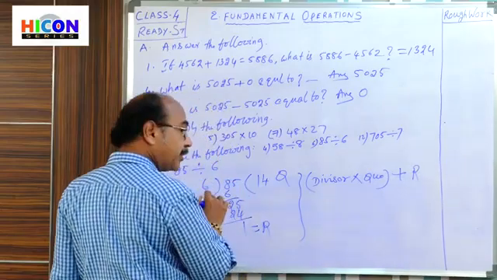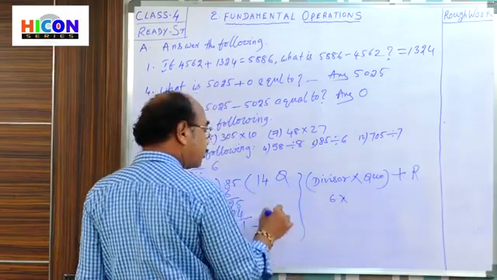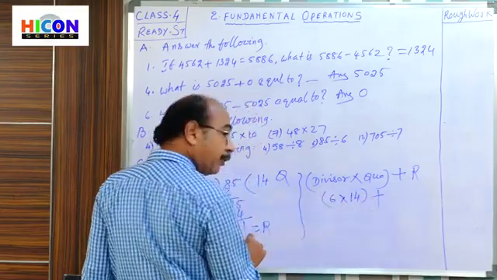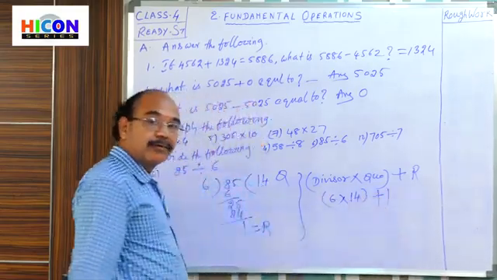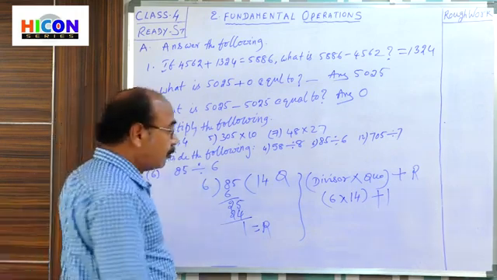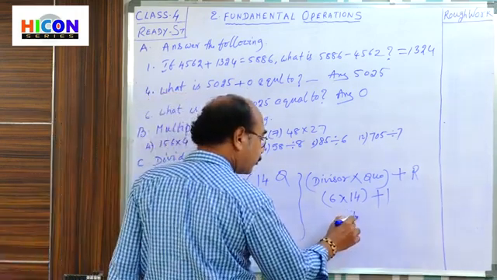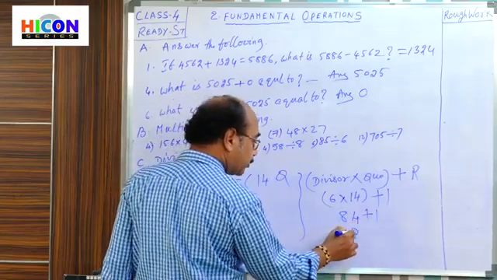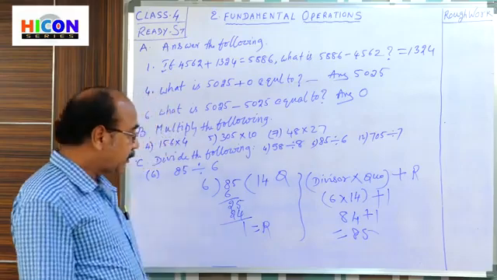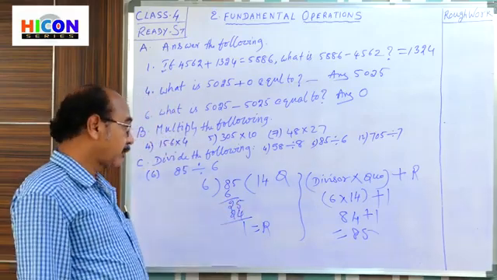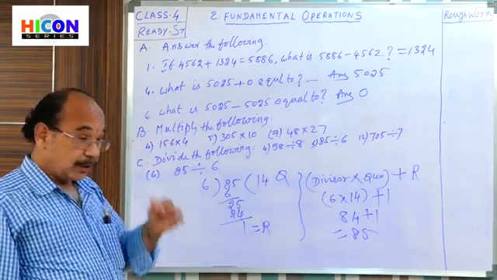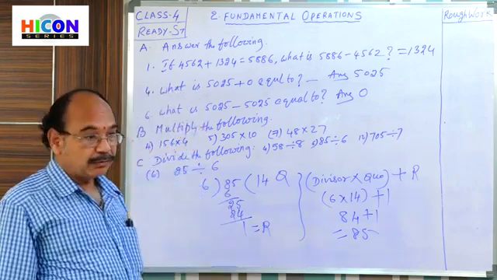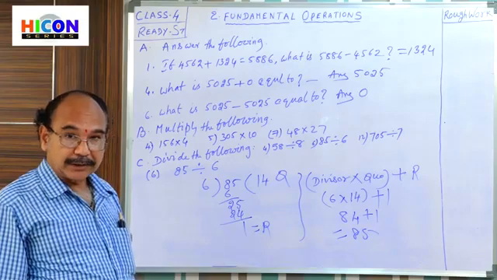What is the divisor here? 6. What is the quotient? 14. Add the remainder. What is the remainder? 1. 14 6s are how much? 84. Add 1. 84 plus 1 is 85. Like this we check the division. So keep this point in mind, don't forget: dividend is equal to divisor into quotient plus remainder.